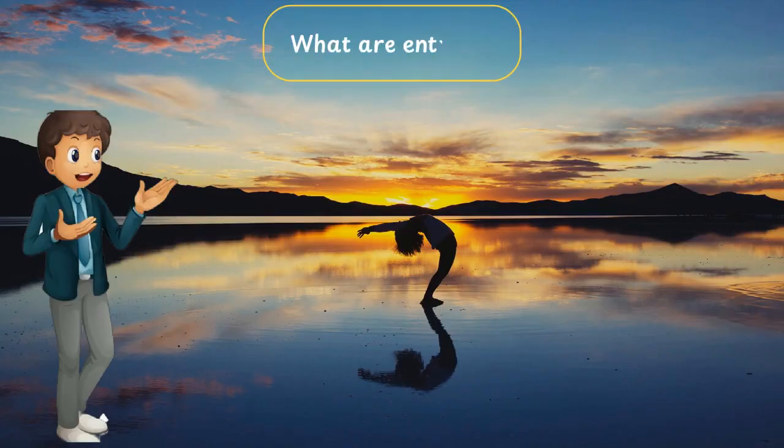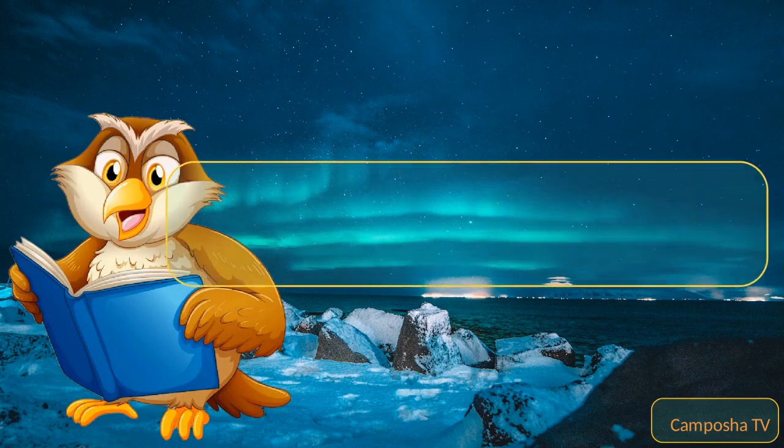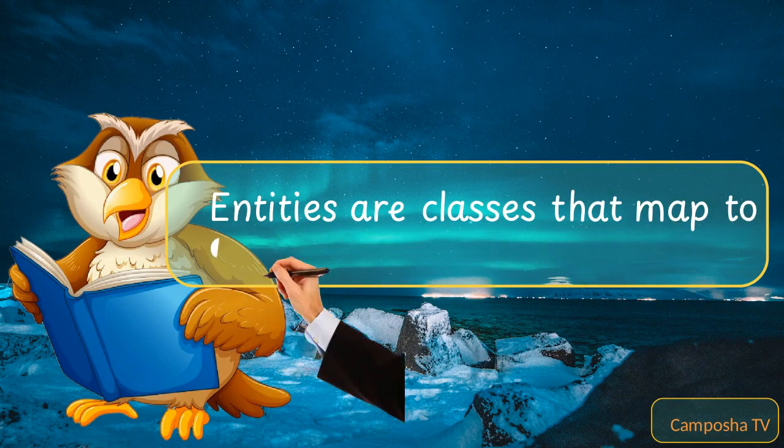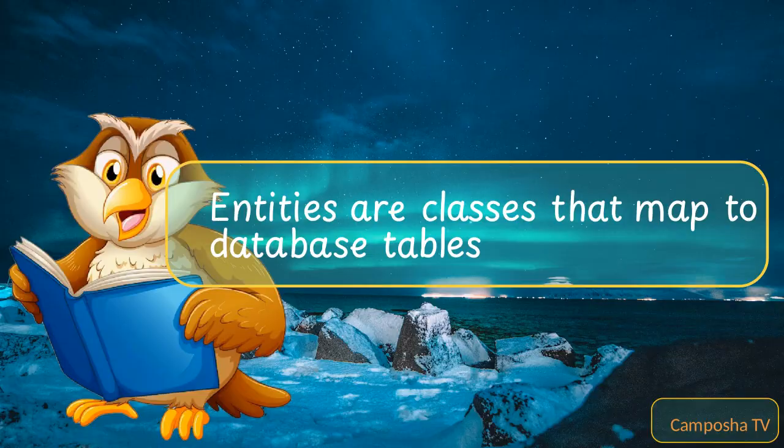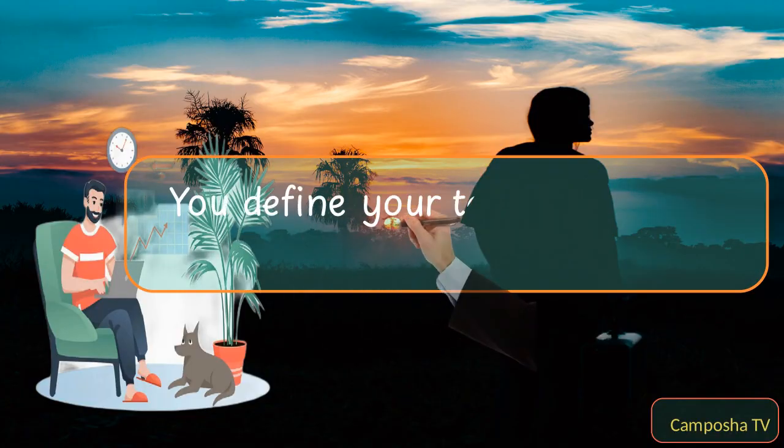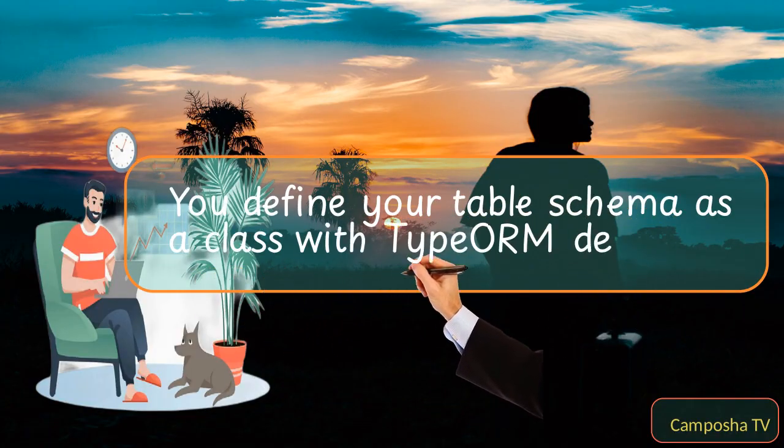What are entities? Entities are classes that map to database tables. You define your table schema as a class with TypeORM decorators.